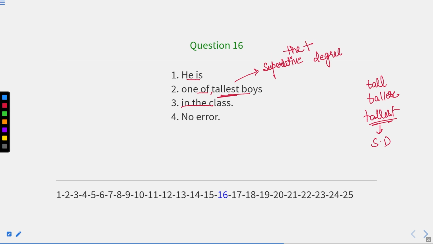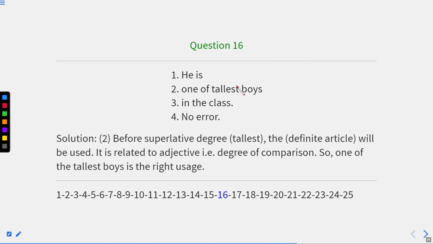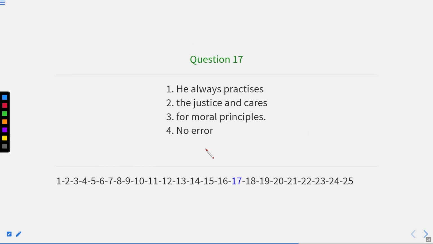Therefore in this sentence we need to write the before the word tallest. So the correct sentence will be, he is one of the tallest boys in the class. So the correct answer is second. It is related to adjective, that is degree of comparison. So one of the tallest boys is the right usage. Now let us move to the next question.